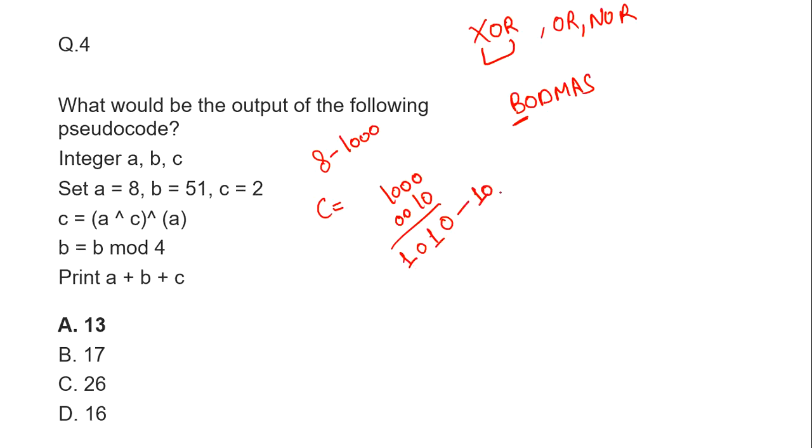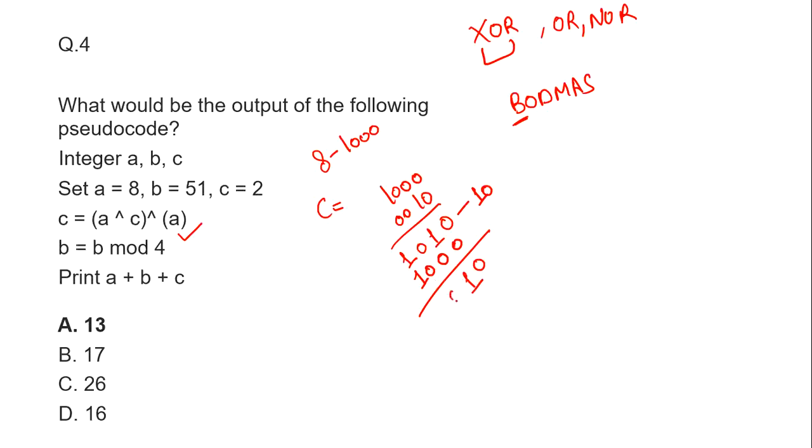So this is the binary value of 10. Now we will do the XOR operation between 10 and this A. What is the value of A? It is again 8, right? Same. So this 1 0 0 0, again 0 0 0, XOR 0 is going to be 0 itself. 0 XOR 1 is going to be 1.